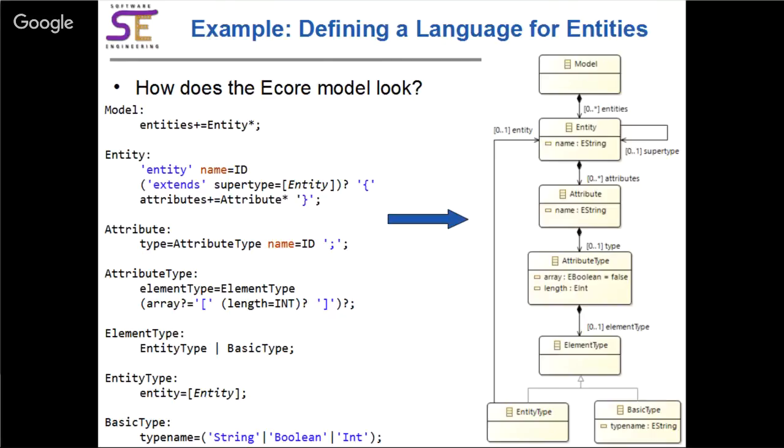But what specifies a type is now a separate class. So we have the attribute type. This is something that encodes the length of an optional array that we can have, and it has one element type, which can be an entity type or basic type. If it's an entity type, we refer to an existing entity. If it's a basic type, then the type name is a string.